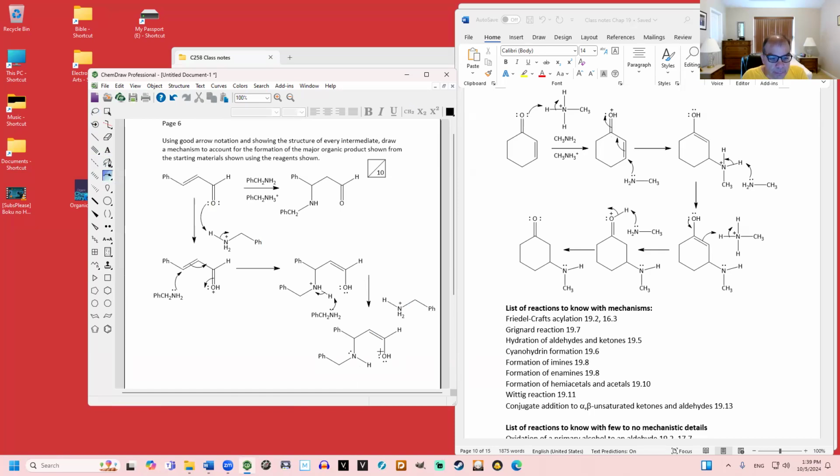In the first step, we use a lone pair on oxygen to reform that carbon-oxygen pi bond. We break the carbon-carbon pi bond and form a new carbon-hydrogen bond. And so we deprotonate that conjugate acid.